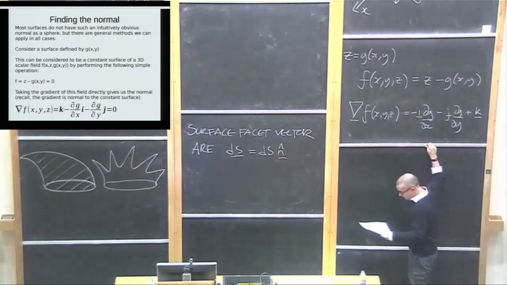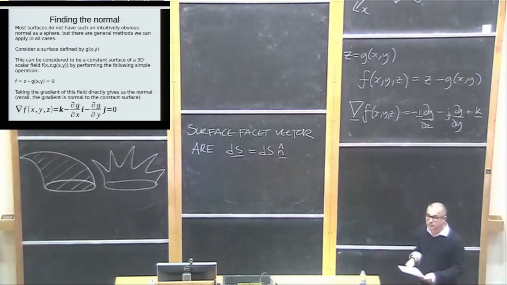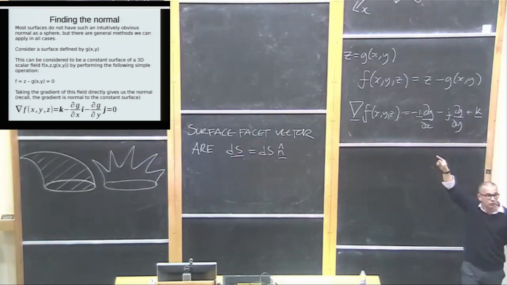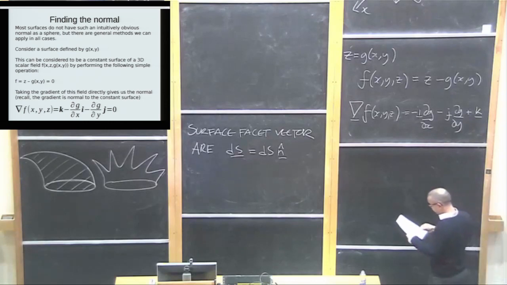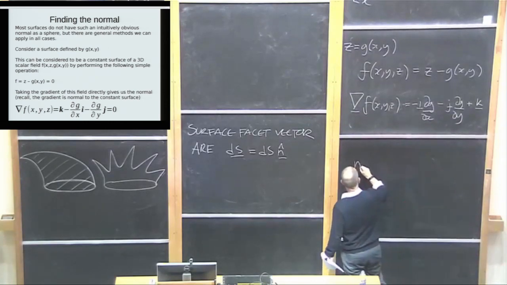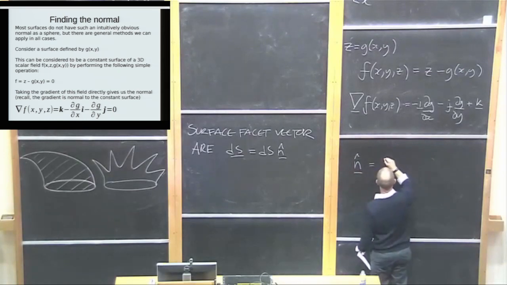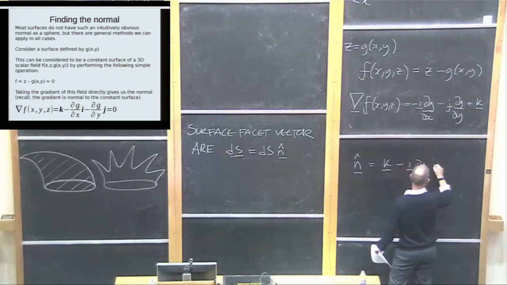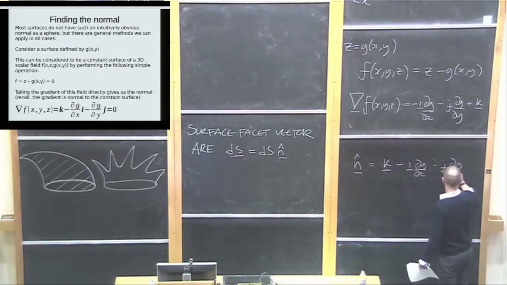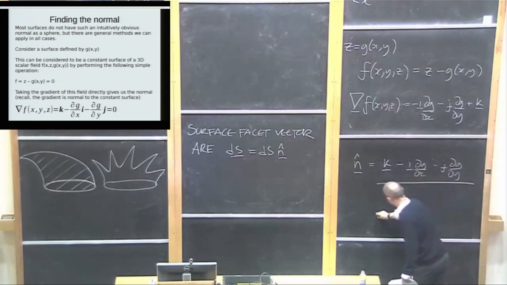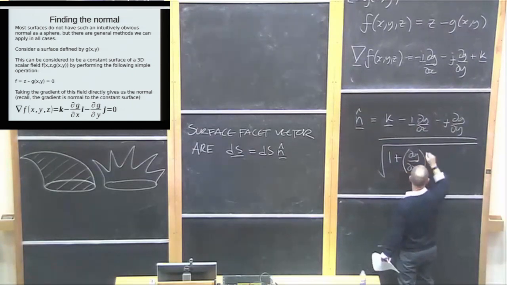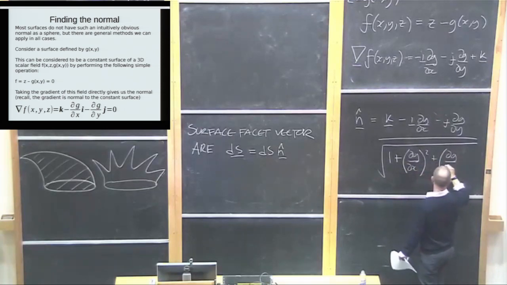This isn't obviously a unit normal, but this is a normal to the surface, and of course I could flip all the signs, and that also gives me a normal to the surface, pointing the other way out of the surface. And so my unit normal to this surface is given by k minus i dg dx minus j dg dy, all divided by the square root of 1 plus dg dx squared plus dg dy squared.